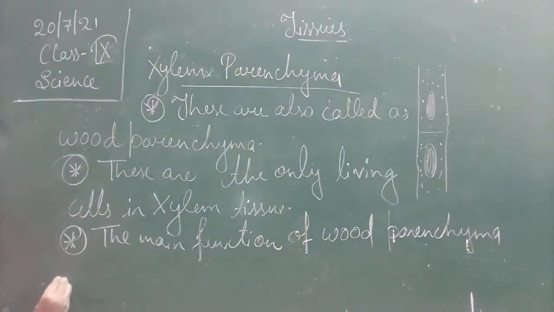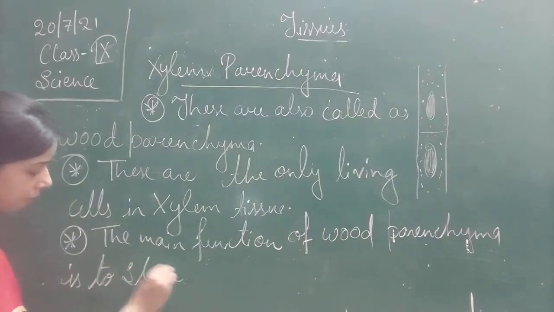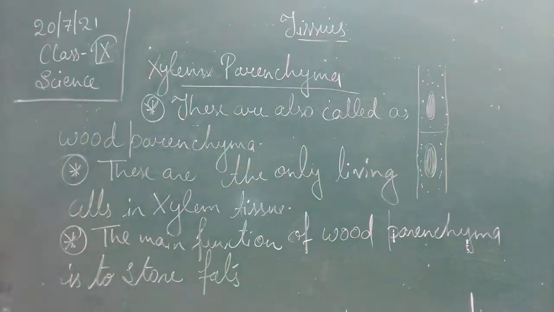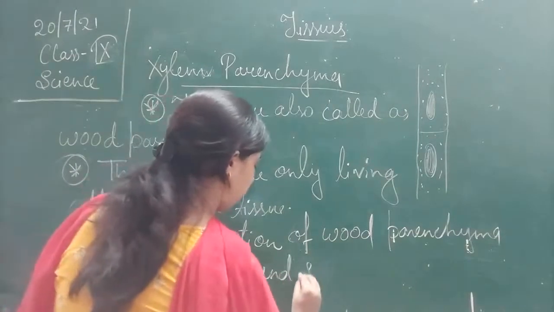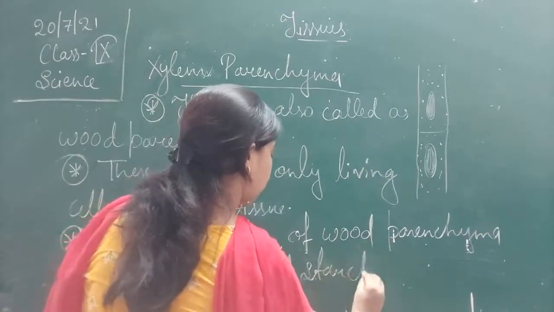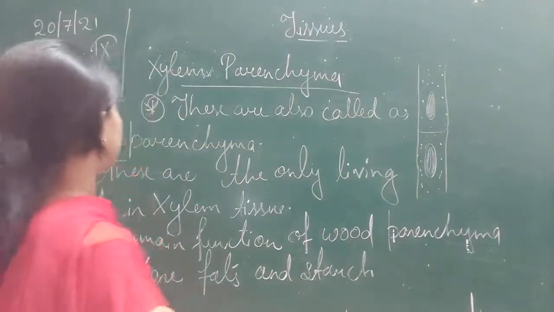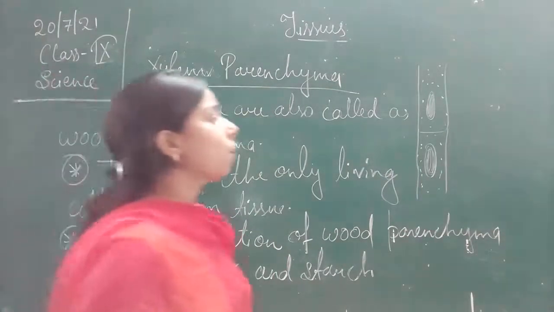is to store fats and starch. It also helps in the conduction of water. So we can say that yes, it is also helpful in the conduction of water, students.